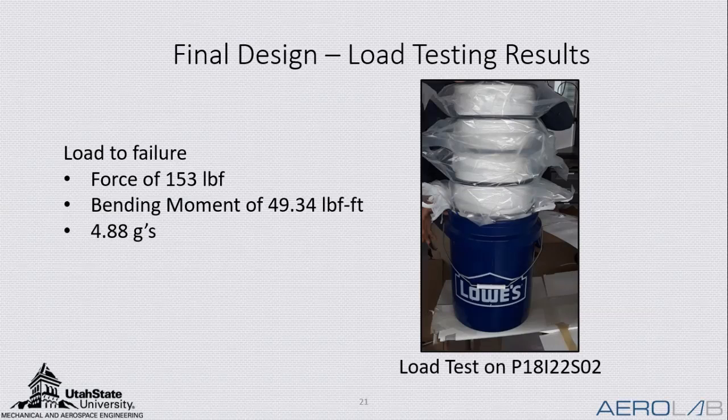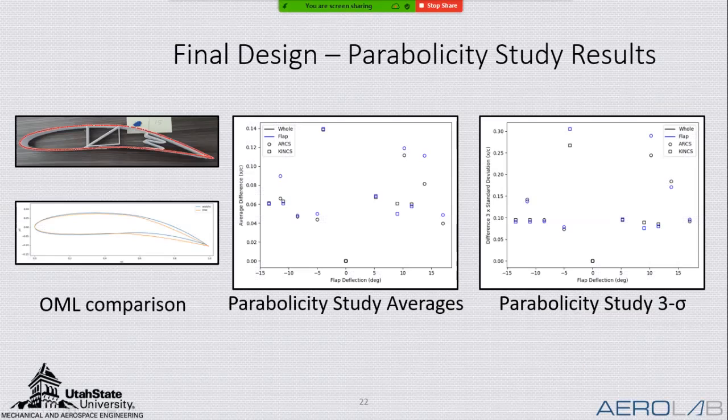We knew that we would be able to support structurally the loading that we would expect to encounter during a flight test. And the final test, which I mentioned previously, was to look at the parabolicity of this shape. In other words, comparing the outer mold line, shown here in orange, of this 3D print to that of the outer mold line determined from those analytic equations.